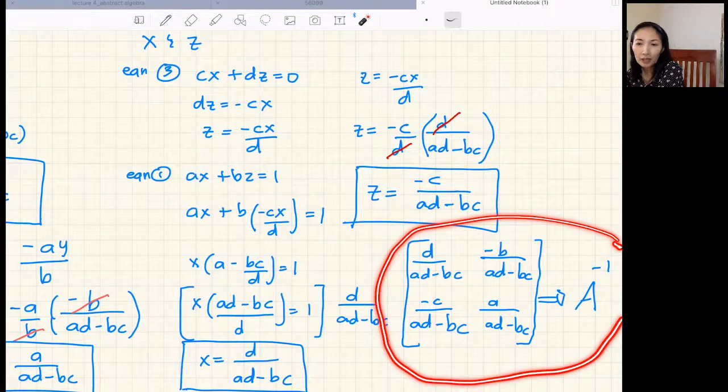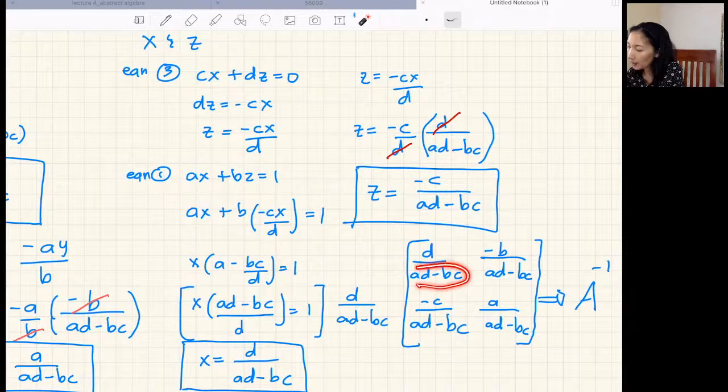The determinant of the 2 by 2 matrix is AD minus BC. What happened to A and D? A and D swapped places. How about B and C? Same places, but we have to get their negatives.